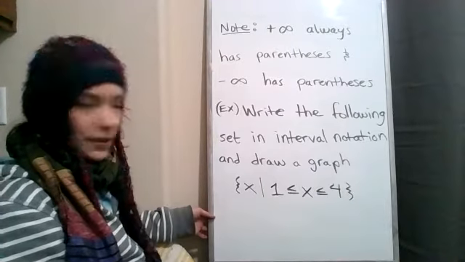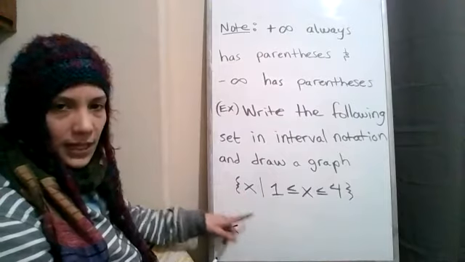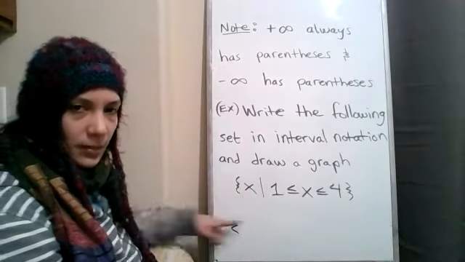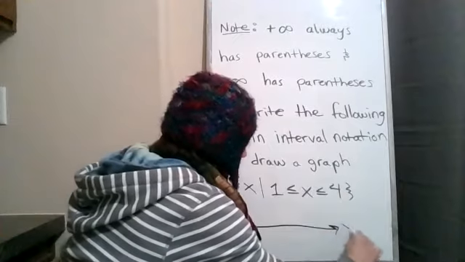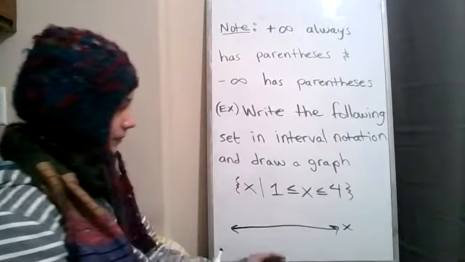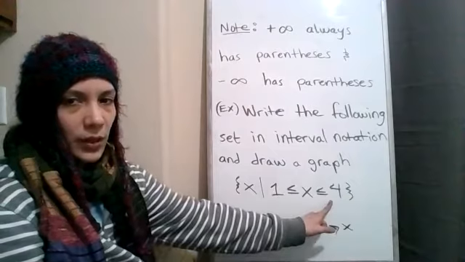Let's do the graph first. There's only one variable, so you don't need an x and y, just the x axis, like a real number line for x. We need a place for 1 and also a mark for 4.